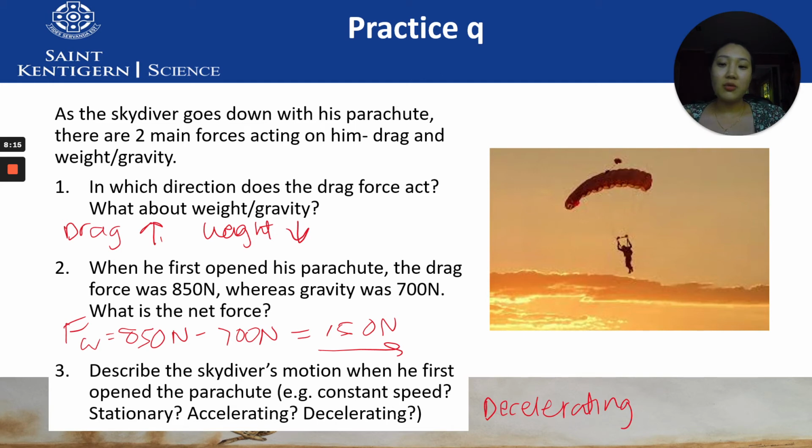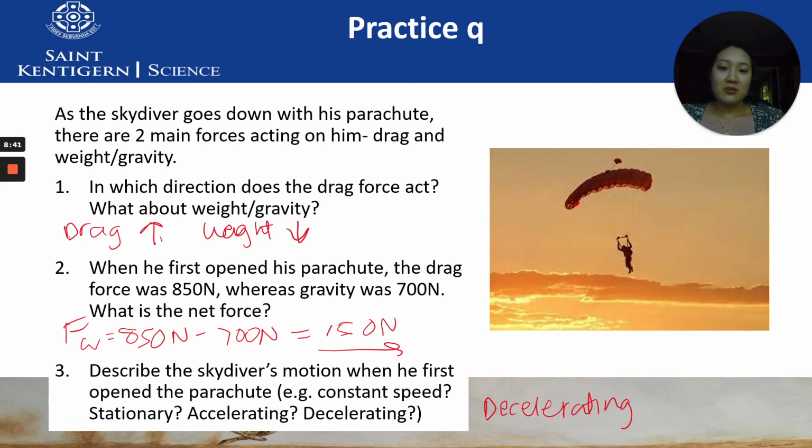Let's go through the questions. As the skydiver goes down with his parachute, there are two main forces acting on him. One of them is drag and the other is weight or gravity. Question 1 says, in which direction does the drag force act, and what about weight and gravity?